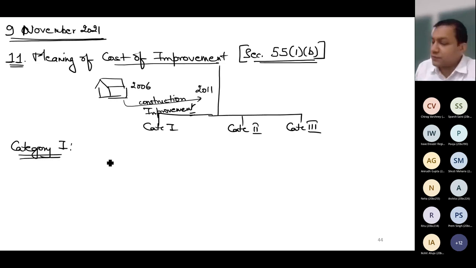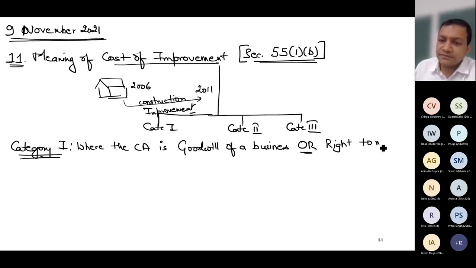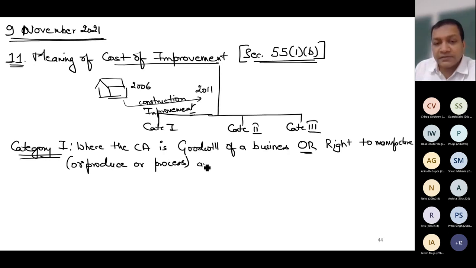It is related to 3 different types of assets, where the capital asset is goodwill of a business, right to manufacture, or the second name is right to produce, or right to process any article or thing, any product, whatever.